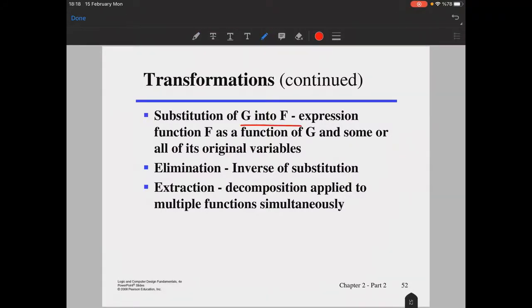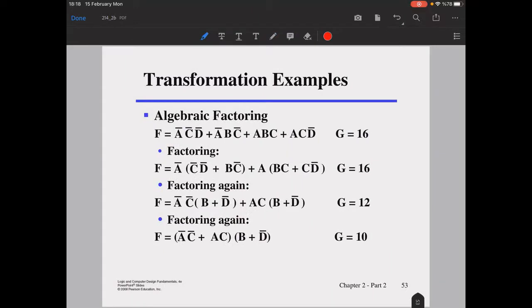And elimination is the inverse of substitution, where you flatten or collapse the circuit. We will see the example. And extraction is decomposition applied to multiple functions. So you're using the same blocks in different outputs of the circuit. So we will see the examples.